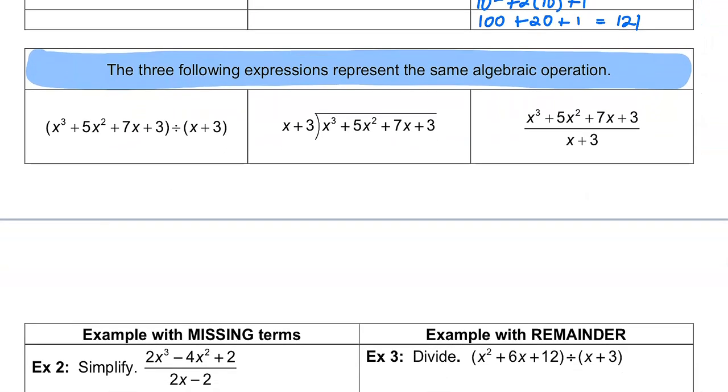This is the one that we just did right above. This is the division, using the division symbol. Then the next one is using that division bar. And then this one's using the fraction bar. But all three of these are the same. Are we good? Okay, so on your homework tonight, I can write it any of those three ways. And my expectation is that you'll do it like I have it up there.